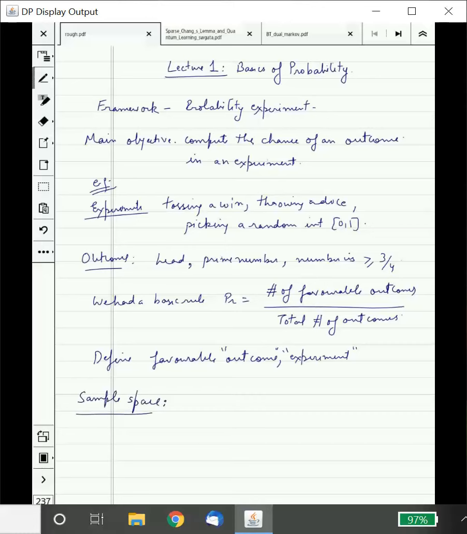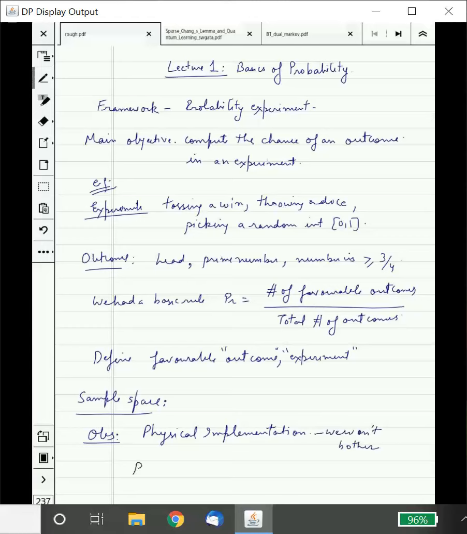So the first observation we are going to have before we define sample space is that for an experiment, we really do not care about the physical implementation. When we toss a coin, whether Amitabh Bachchan is tossing a coin or Dharmendra is tossing a coin, is it on the top of the roof? We don't care. We will mostly bother about the possible outcomes.